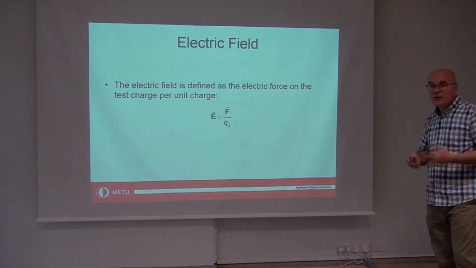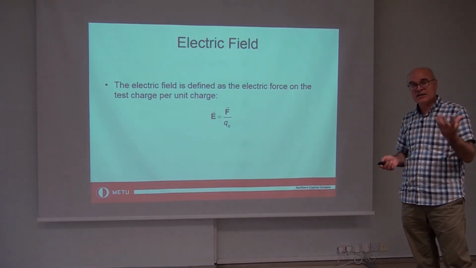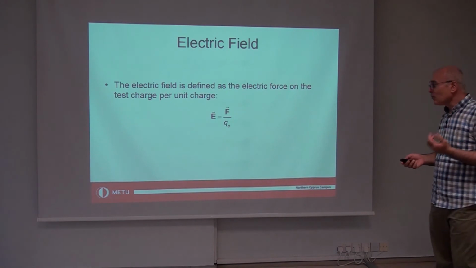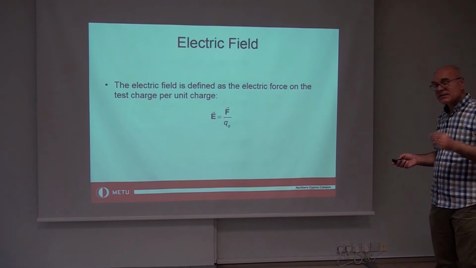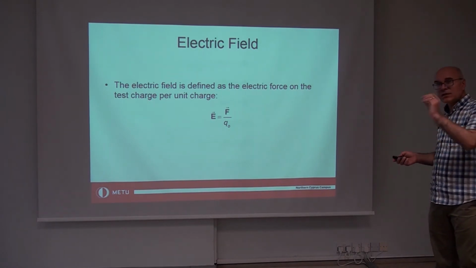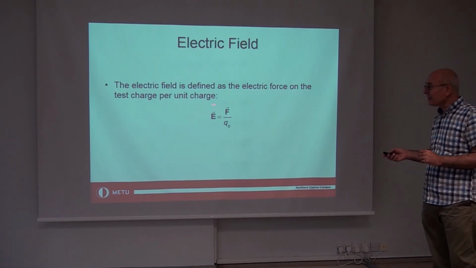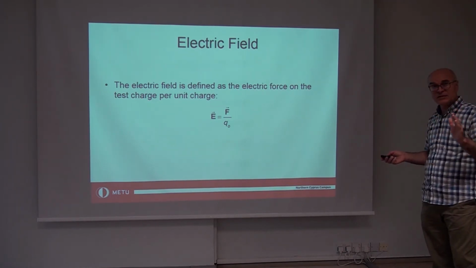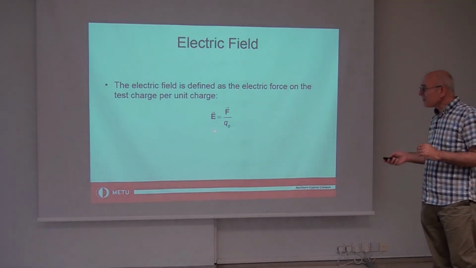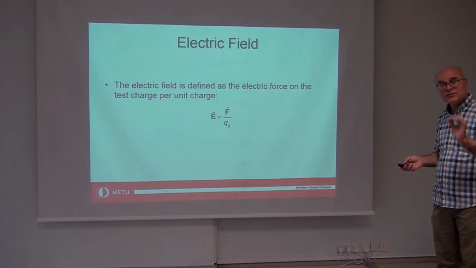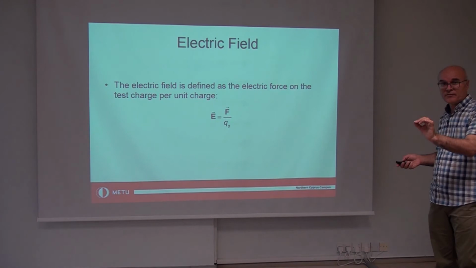Now, if you want to define the electric field quantitatively, how would we define it? We define the electric field at a given point in space as follows. You put a test charge there and you measure the force acting on that test charge. This is the force vector, so it has a magnitude and direction, and you divide it by the test charge. This result gives you the magnitude and direction of the electric field at that particular point.